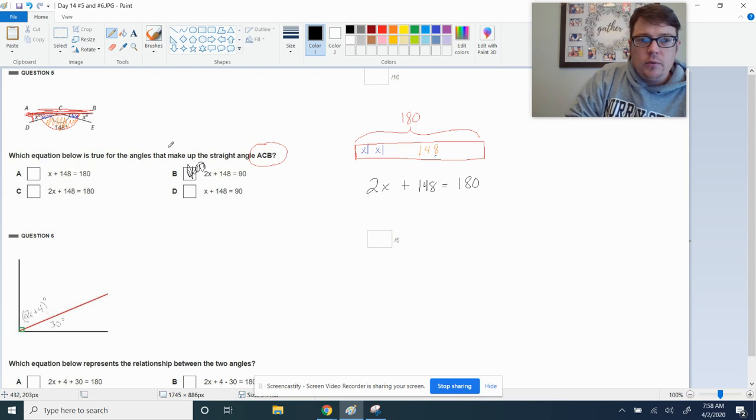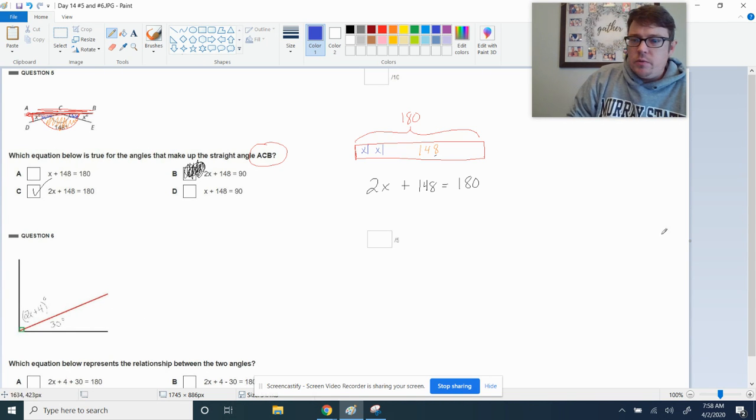It doesn't equal 90, it equals 180, so it'd be C. Okay, so C is our selection there, and that helps us answer a question later, I think, where it has you find the value of X. I can't remember. Maybe it comes back to this one or not, but we really just want to be able to set up that equation. If we wanted to solve for X, we would just subtract 148 and divide by 2. All right, let's move on.